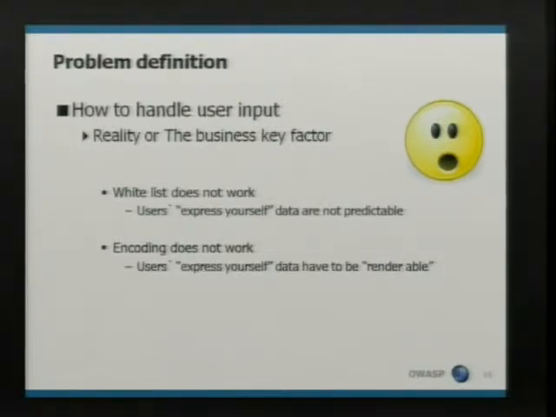On the other side, encoding output does not work at all, because the data of the user must be renderable. If I want a pink background color, I should be allowed this, and if a user wants to embed other images, this is something I also have to allow.